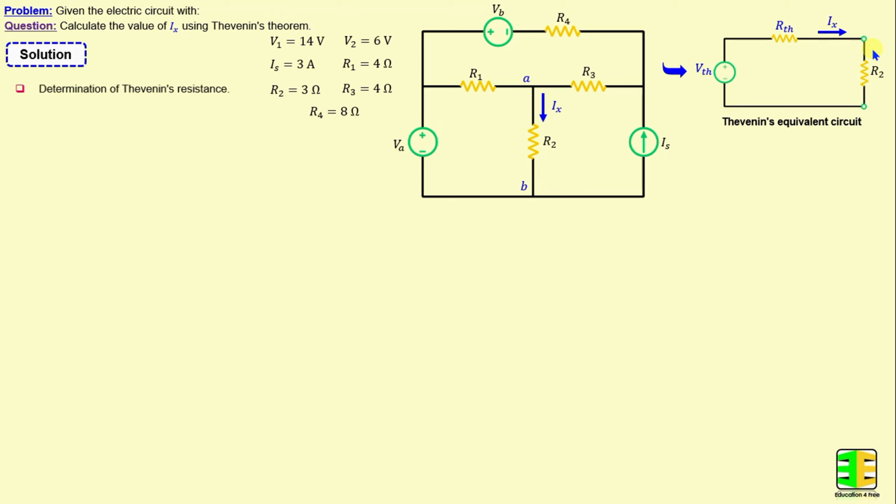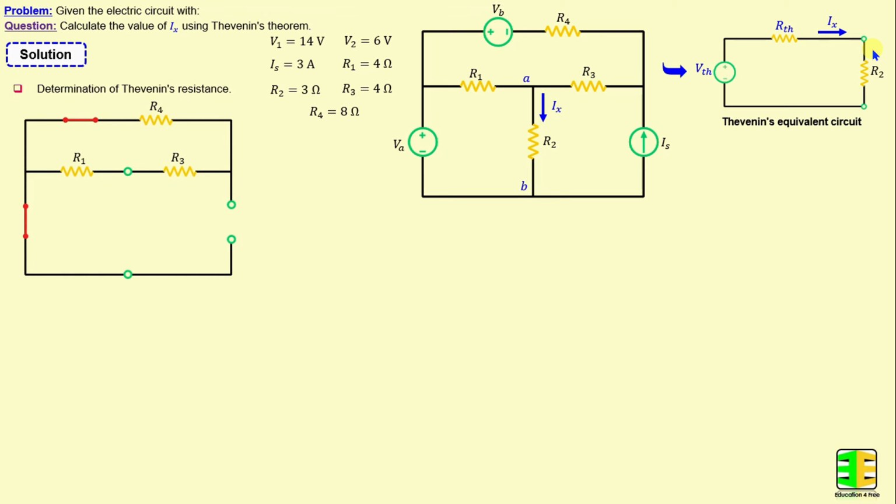This step can be done by removing all independent sources in the circuit, which means the voltage sources will be replaced by a short circuit and the current source will be replaced by an open circuit. The Thevenin's resistance represents the equivalent resistance between terminals A and B when R2 is disconnected.